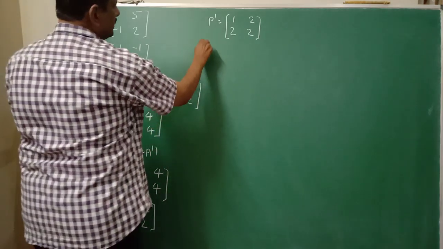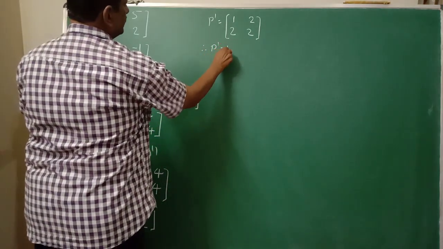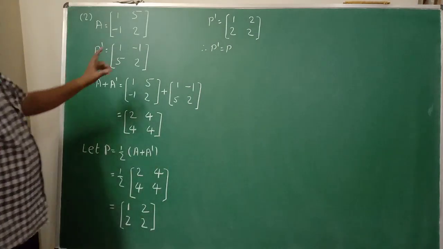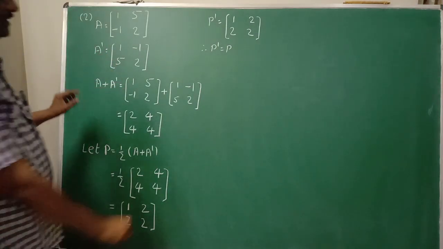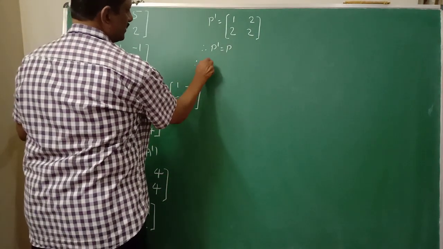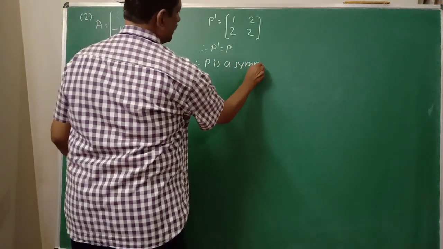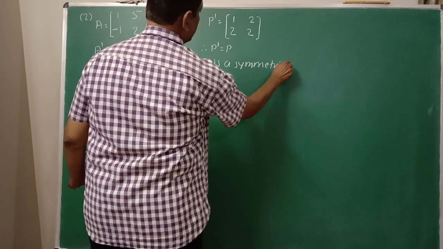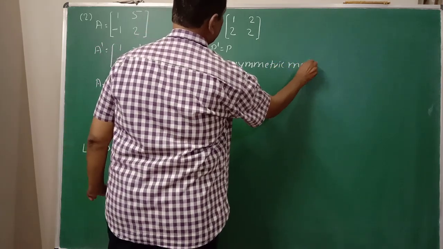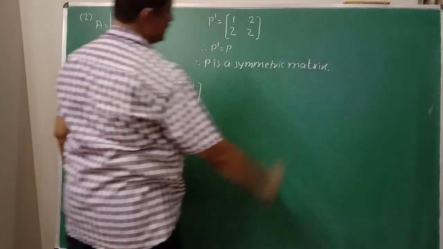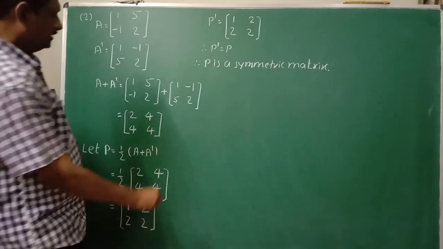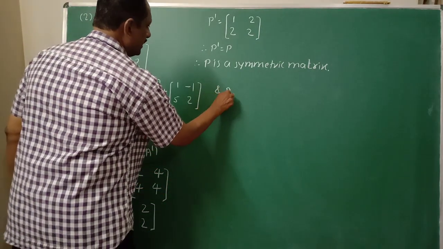Hence we can write P dash is equal to P. If P dash is equal to P, then it is a symmetric matrix. Therefore P is a symmetric matrix.